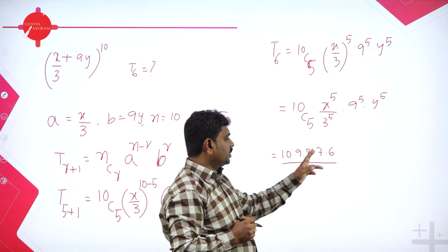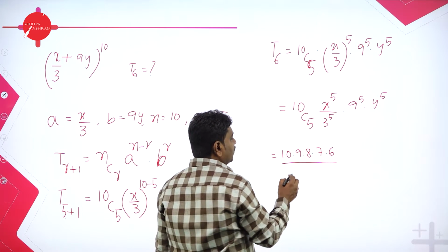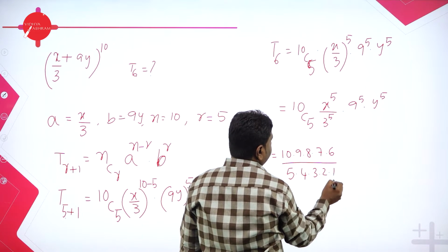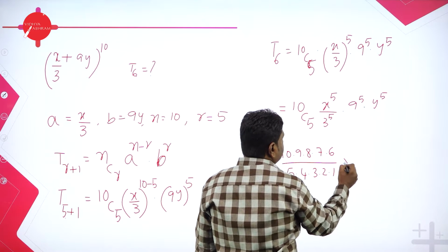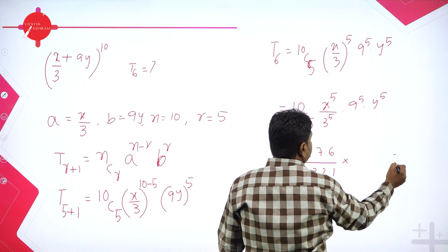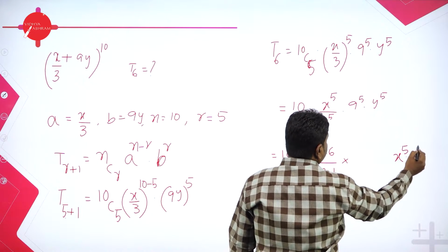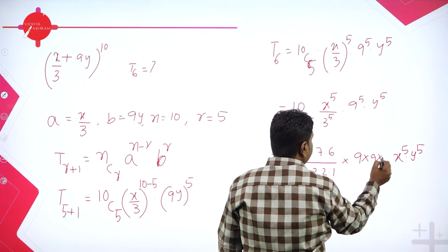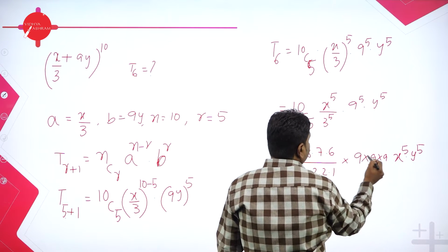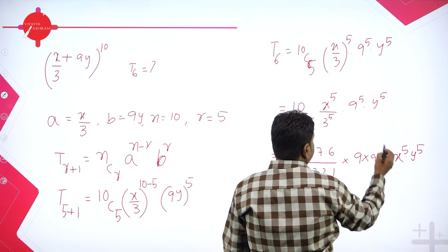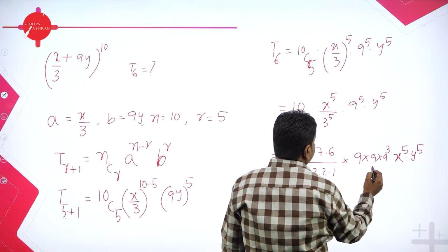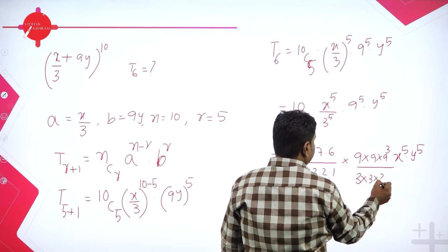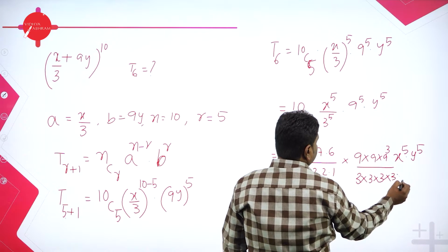And 9 power 5 in numerator, I'll write 9 into 9 into 9, power 5 is there, divided by 3 power 5, 3 into 3 into 3 into 3 into 3.